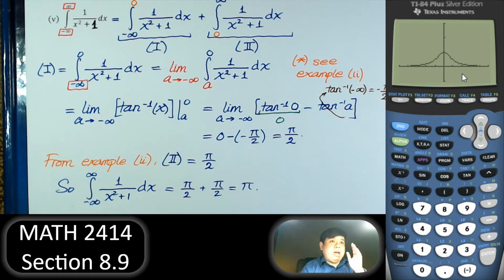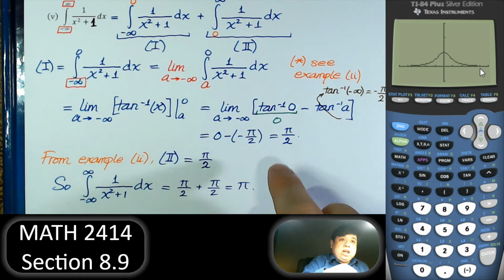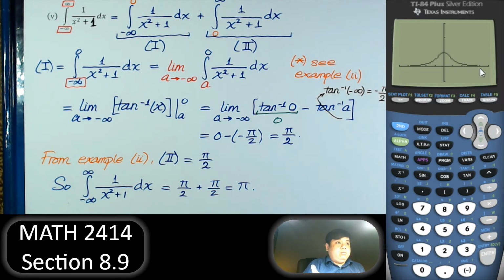Even function is symmetric about the y-axis. Now, if the area on the left is equal to a finite number, the area on the right is also a finite number, because of the symmetry. Now, if one of these equals infinity, or we say divergent, then we cannot say that.